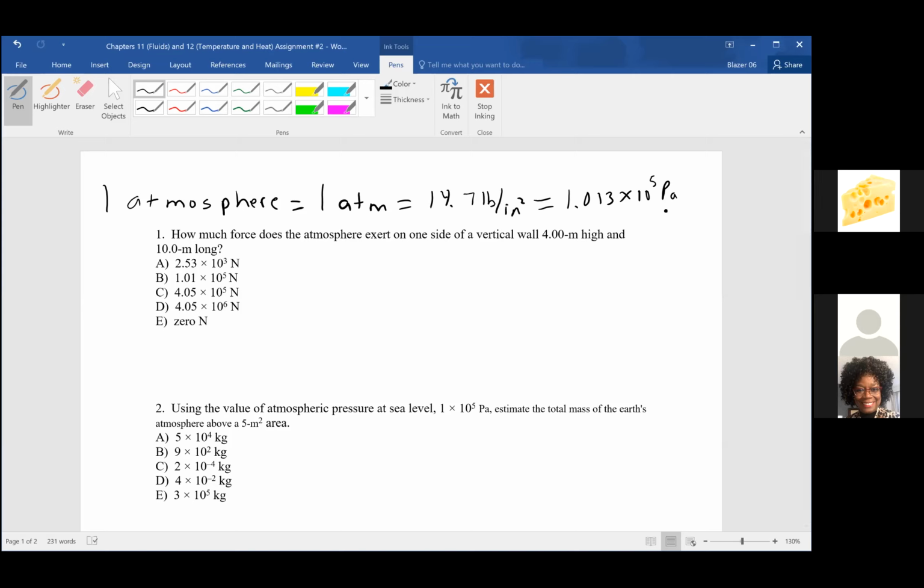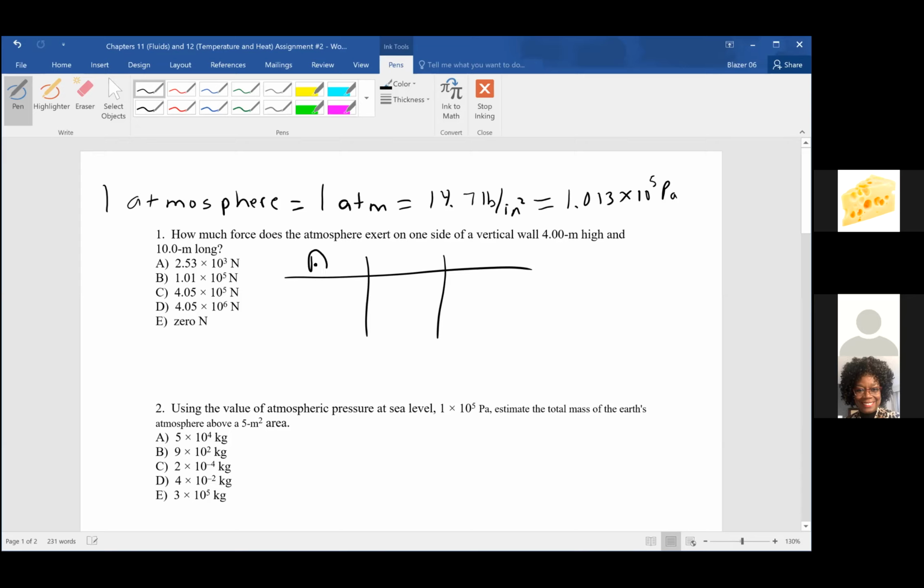So the question says, how much force does the atmosphere exert on one side of a vertical wall 4 meters high and 10 meters long? So the first thing we know is, if we know the dimensions of the vertical wall, then we know the area.